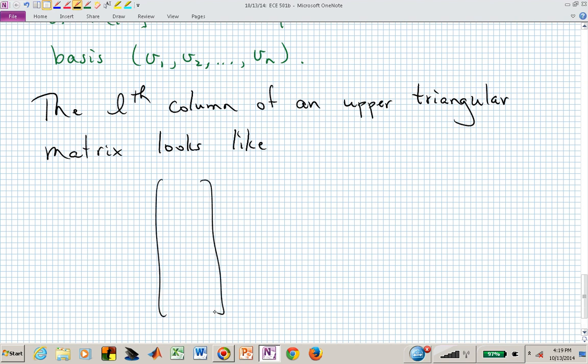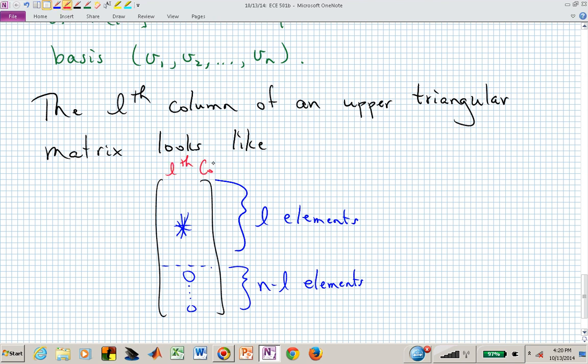It depends on what L is, but let's say L is somewhat large, so that now we have all of these potentially non-zero values, but everything below L is zeroed out. There are our L potentially non-zero elements, and here we have n minus L elements. This is the nth column of our matrix representation.